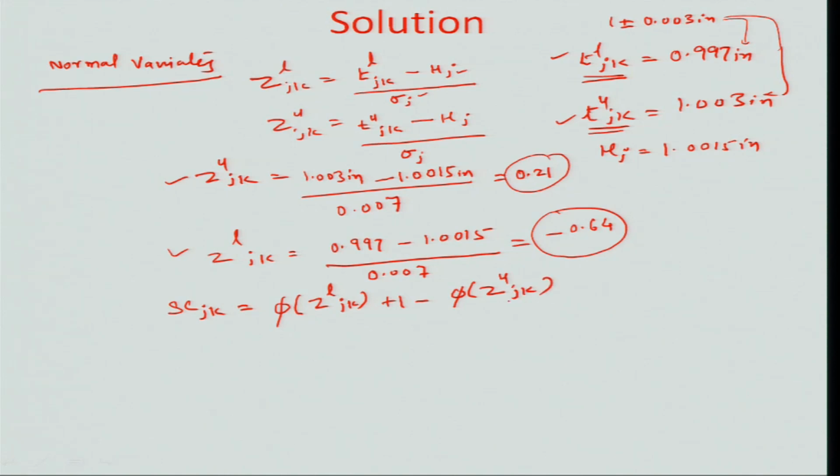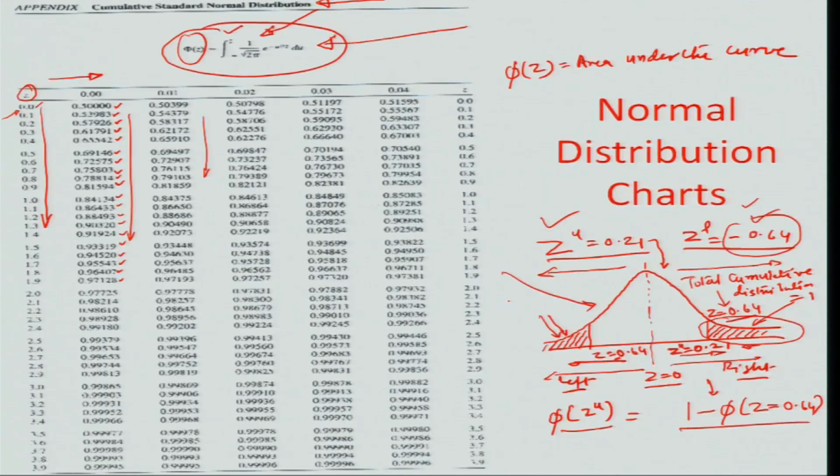From the normal tables, corresponding to 0.21, I look at 0.2, which is the first place of decimal in the column, and 0.01, the second place of decimal in the row. So the value comes out to be 0.58317.